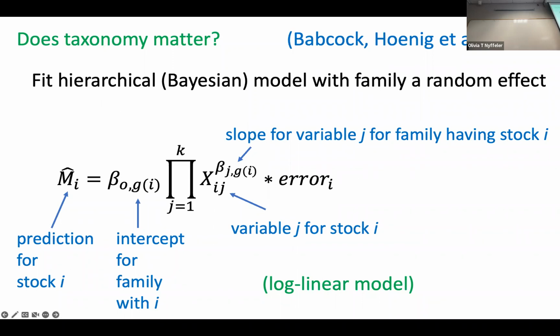And if that looks intimidating, just think, well, what if I take logarithms? So the log of M is going to be equal to an intercept that depends on the family plus, and this is just a linear relationship, beta times an environmental variable. So beta times water temperature, beta times von Bertalanffy K, beta times asymptotic size. But the beta is different for each variable. Okay.